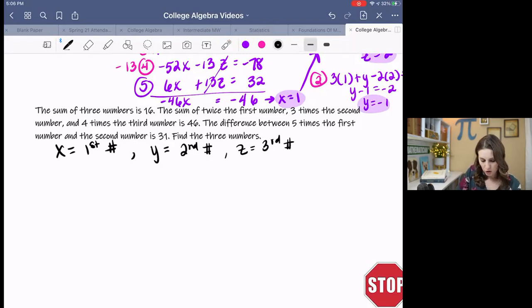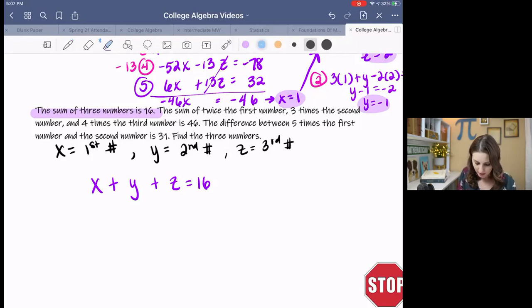The first equation says, the sum of the 3 numbers is 16. Sum means total, which means add. X plus Y plus Z is 16. My second equation says the sum of twice the first number, 3 times the second number, and 4 times the third number is 46.